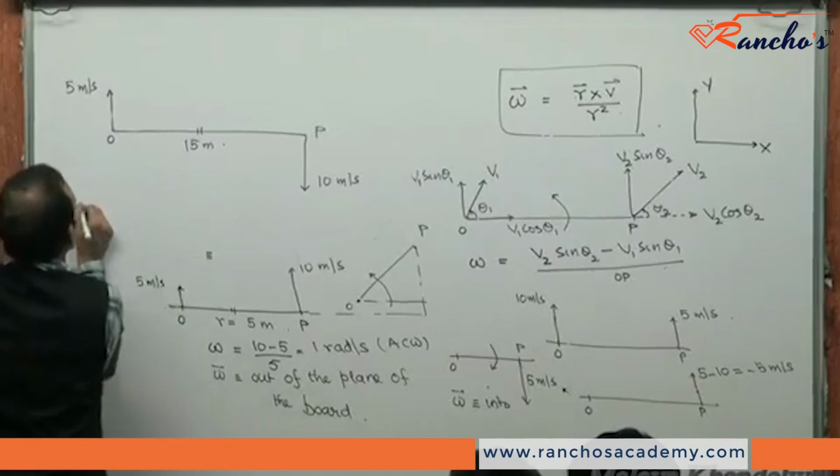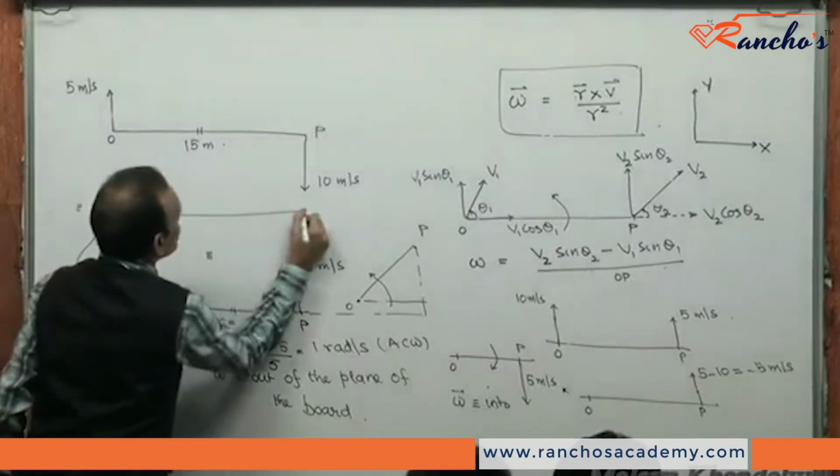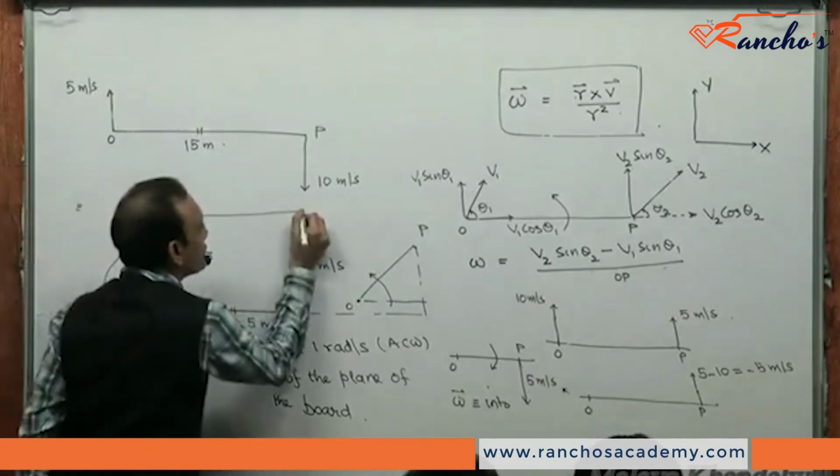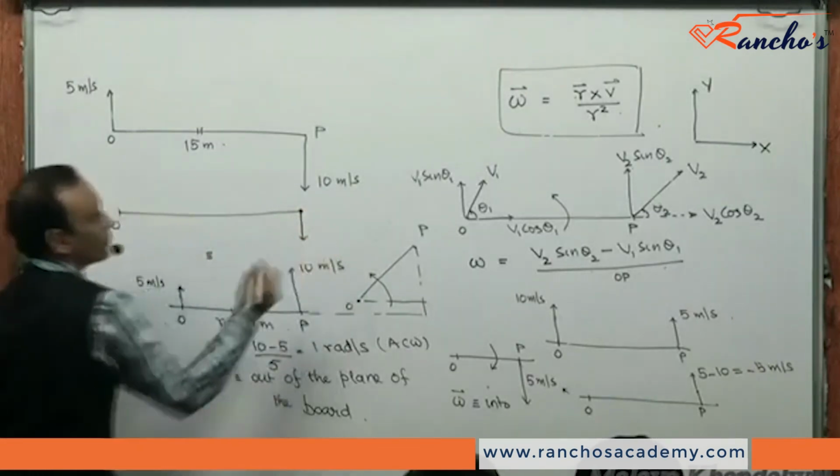Now if I fix O, then what would be the velocity of P as seen by O?